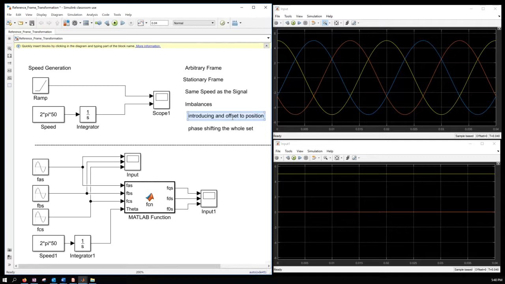Okay, what do you guys think will happen if we have such an offset? Any thoughts on what that's going to do to the system or the transformation here? No idea?